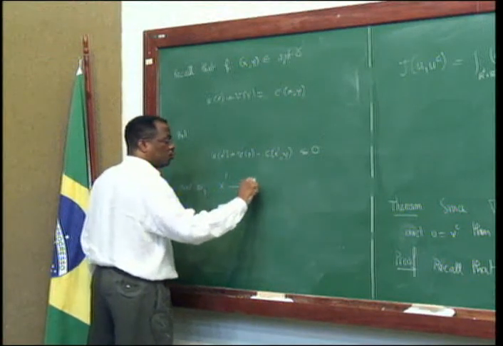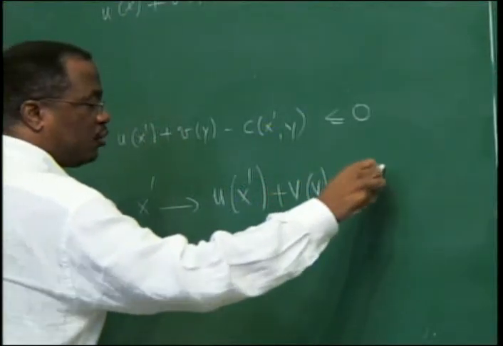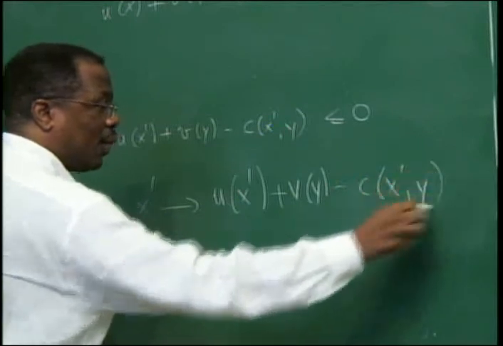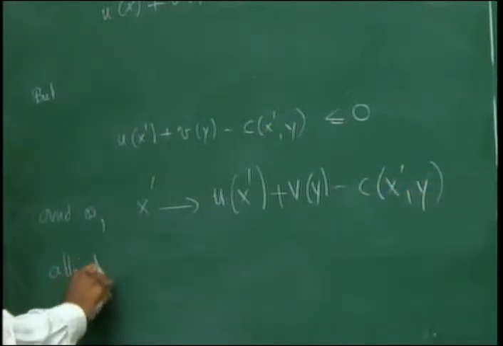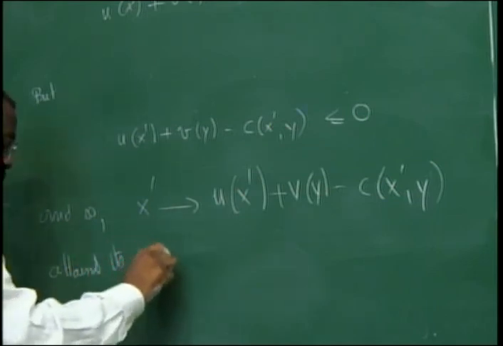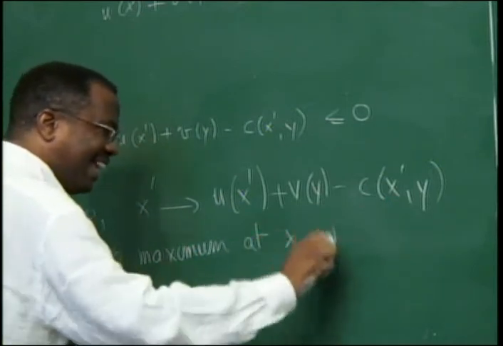S prime goes to U of S prime plus V of Y minus U minus C of S prime, Y attains its maximum at x.